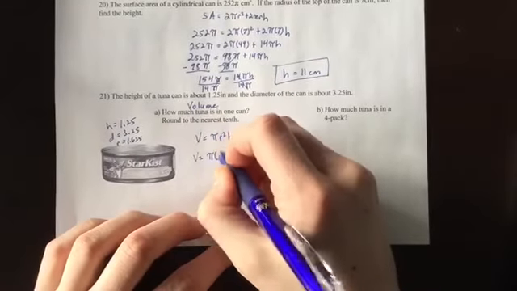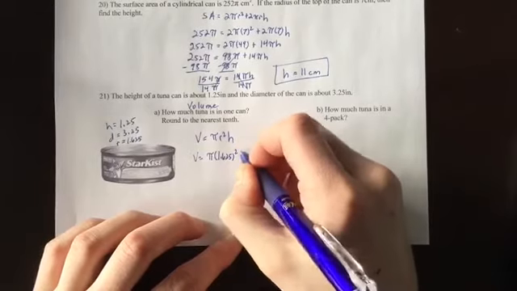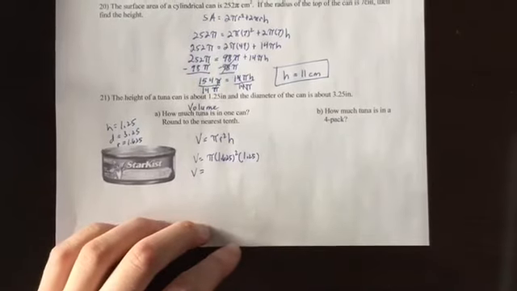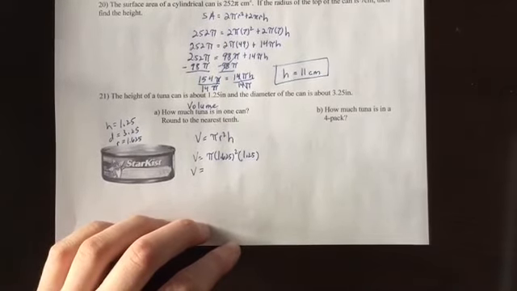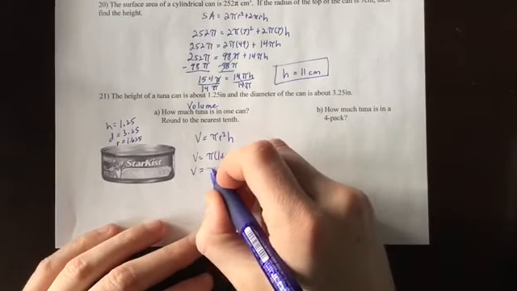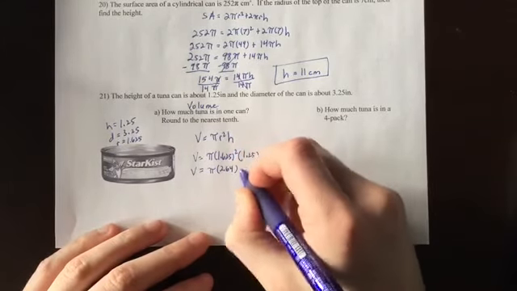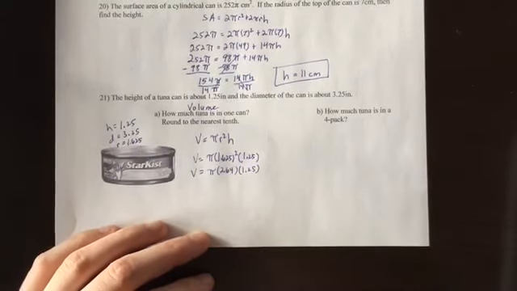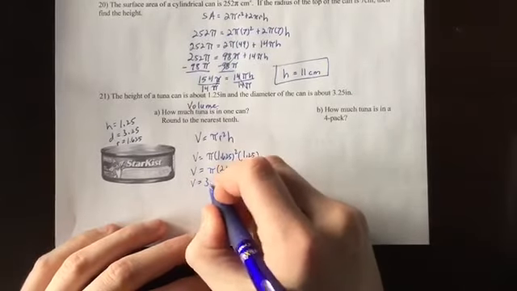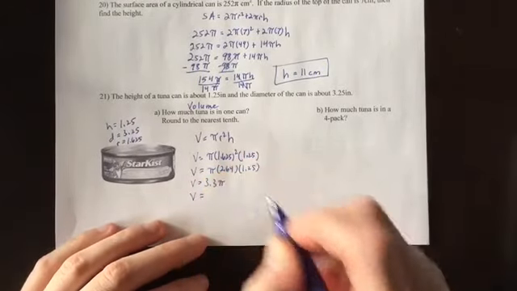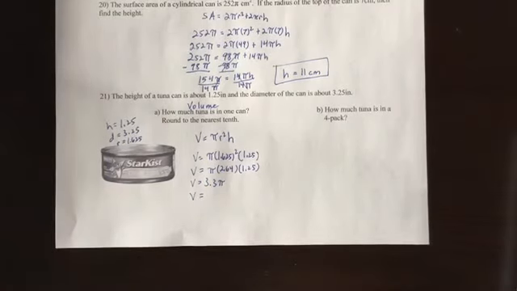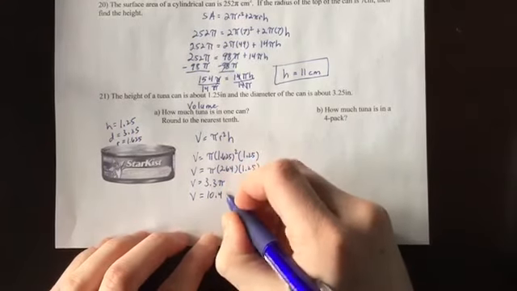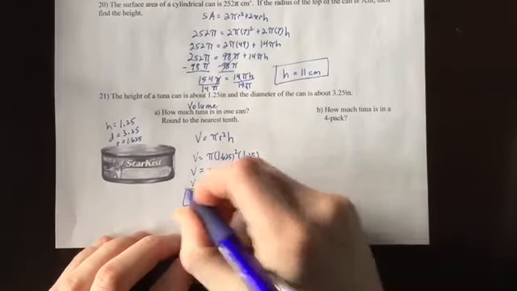So we've got pi times 1.625 squared times our height of 1.25, 1.625 squared, about 2.64, so it's going to be pi times 2.64 times 1.25, which will give us 3.3 pi. We'll multiply by pi and round to the nearest tenth, which will be 10.4 inches cubed of tuna.